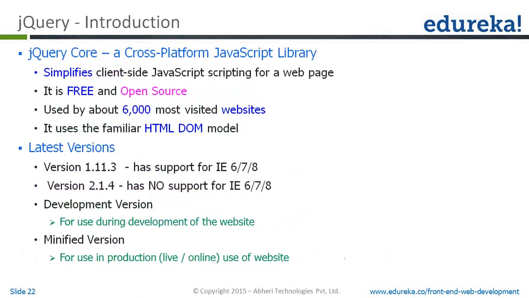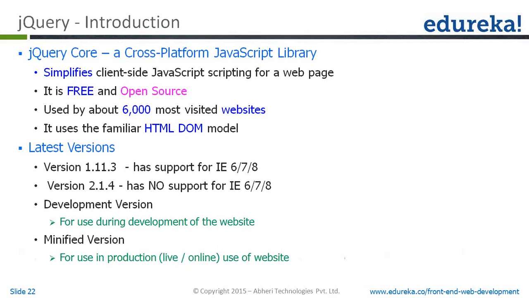As I said, jQuery is one of the JavaScript libraries, or you can call it a framework. jQuery has different versions like jQuery Core, jQuery UI, and jQuery Mobile. jQuery UI is mainly useful for developing good user interfaces, whereas jQuery Core is mainly meant for manipulating the DOM.